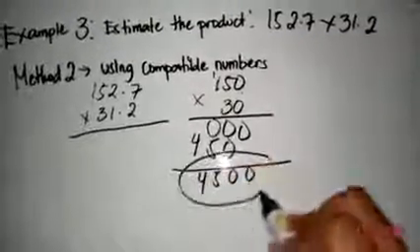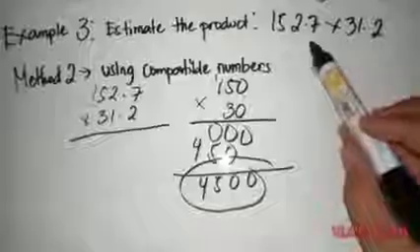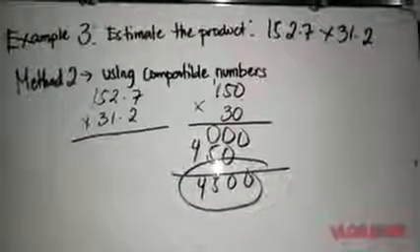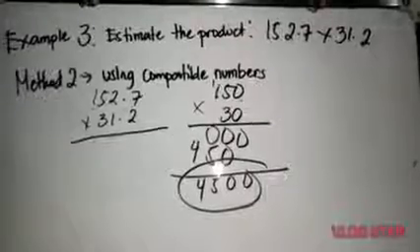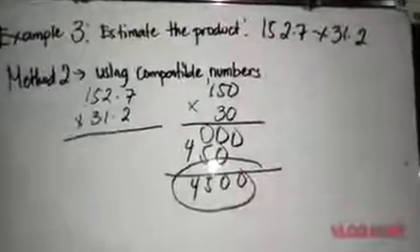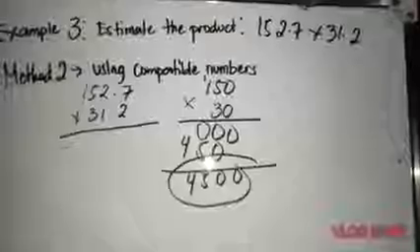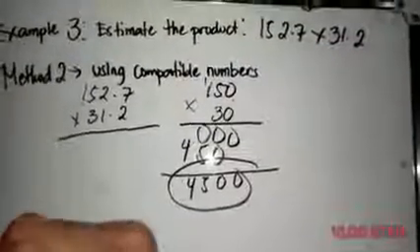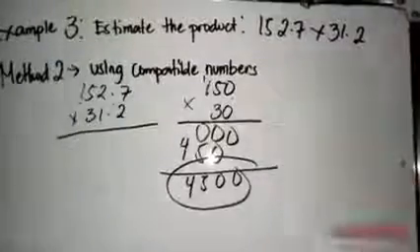So the estimate product of 152.7 times 31.2 is 4,500 using compatible numbers. Using compatible numbers will allow you to multiply it mentally and easily.